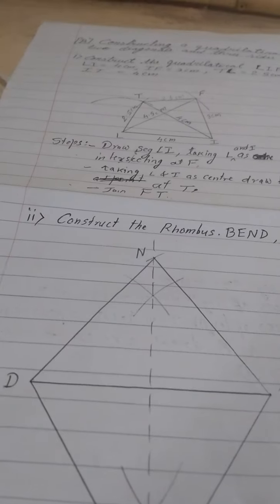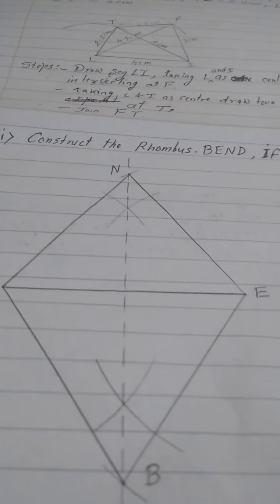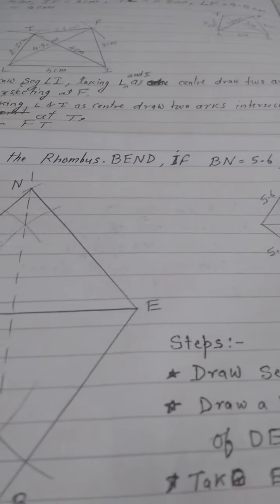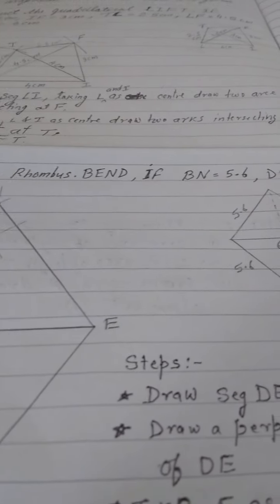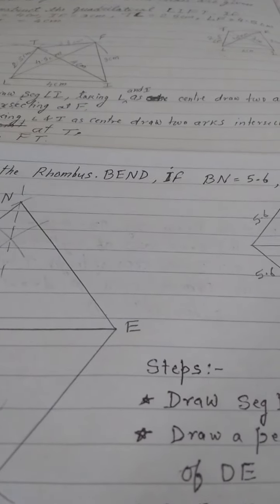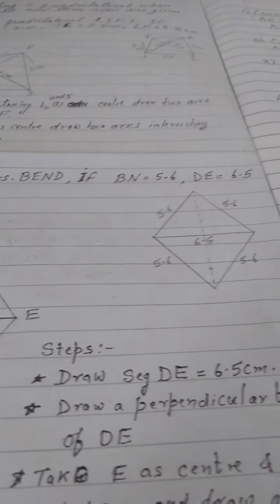The second part in that is construct a rhombus. Now here a rhombus BEND has to be constructed.